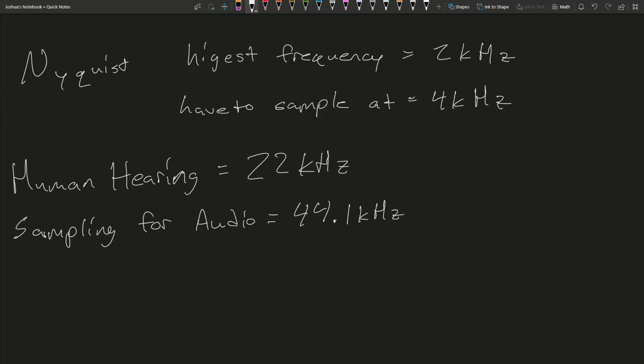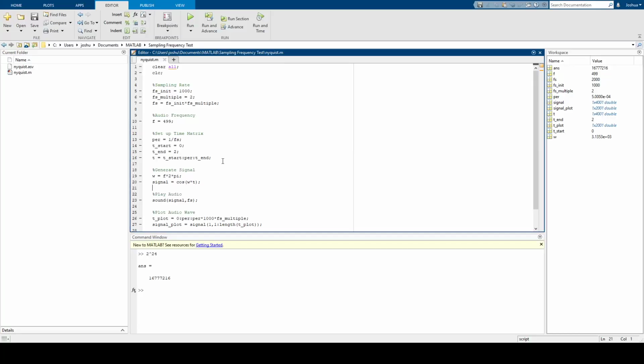to show that. So here in MATLAB, in order to protect hearing and for everybody to be able to hear it, I'm only sampling at 1000 hertz. But the same principle applies when you move it up to 44 kilohertz or 44.1 kilohertz.